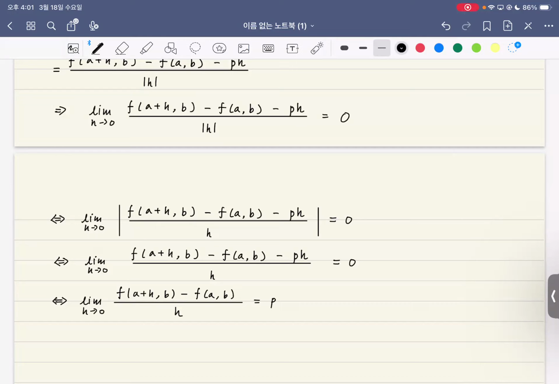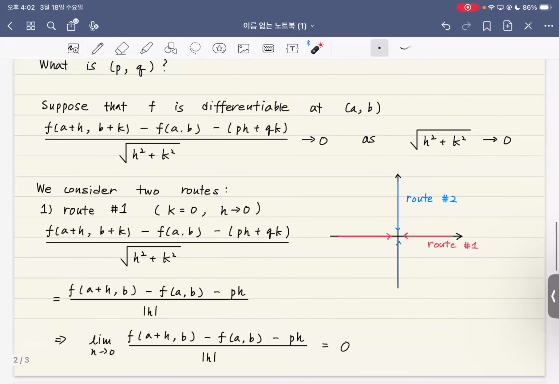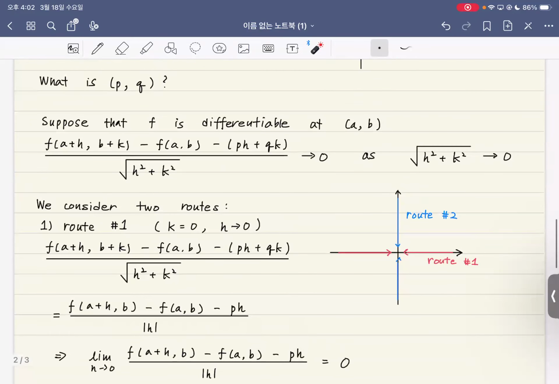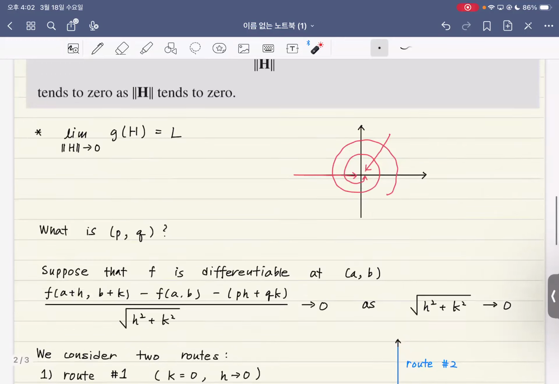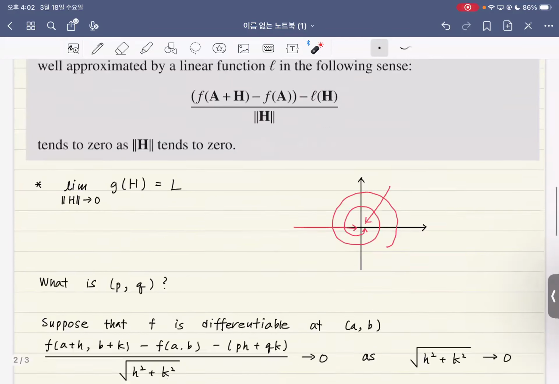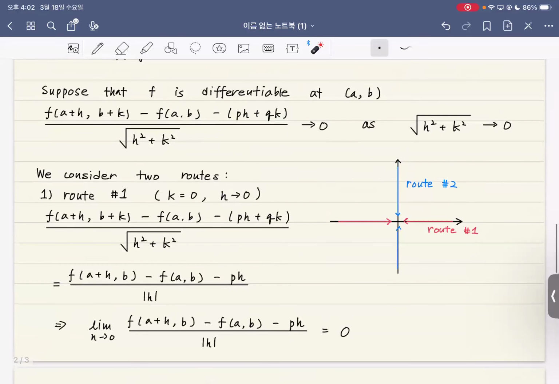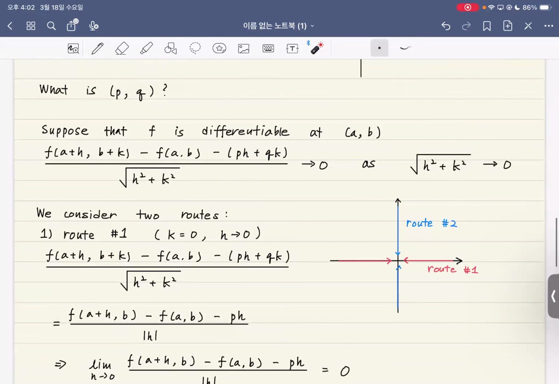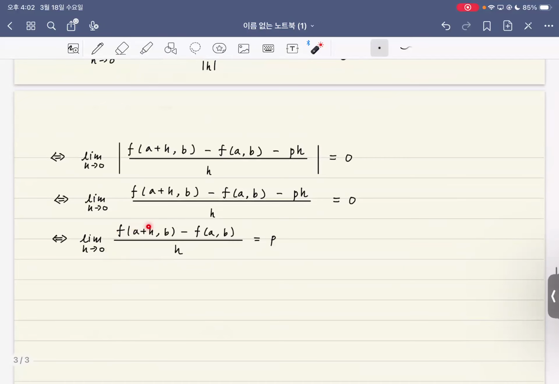Okay. We just ended up with this expression. Now it gives us the idea. How do you find this number p, this constant? These two constants, p and q, actually characterize the linear function L, right? And the first number, p, can be obtained by, now take a look at this expression very carefully.